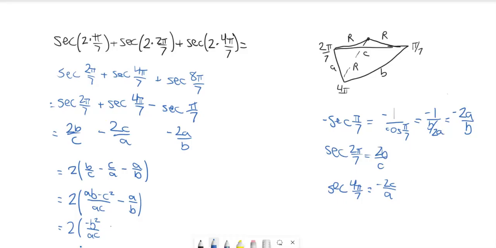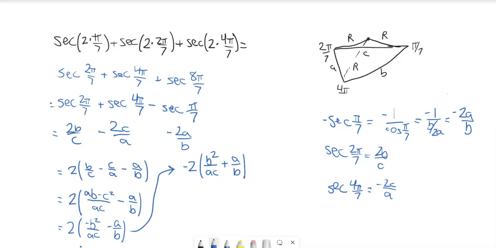And then, of course, we will subtract ab from that. I'm going to pull out a negative from the parentheses, so I'll get negative 2 times b squared over ac plus ab.